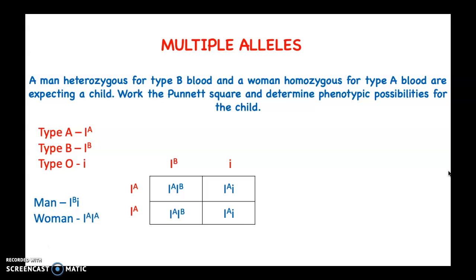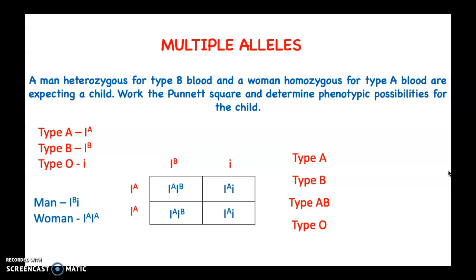So what does that mean? Again, we have four possible phenotypes because of the multiple alleles. We have type A, type B, type AB, and that's made possible because of codominance, and type O, made possible because of complete dominance.